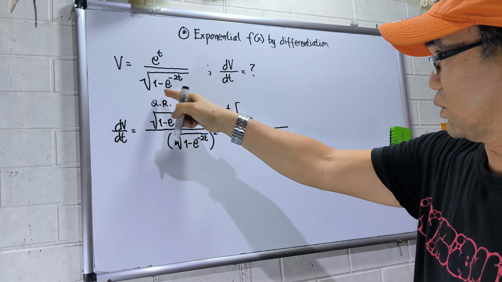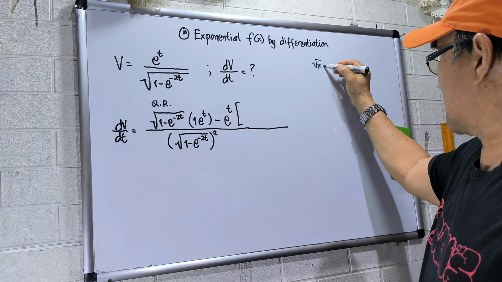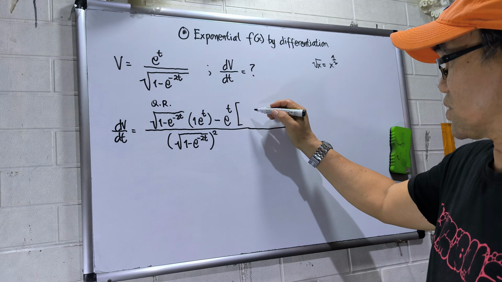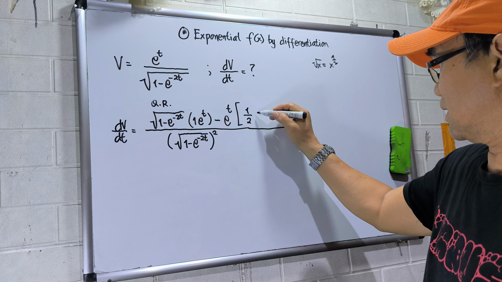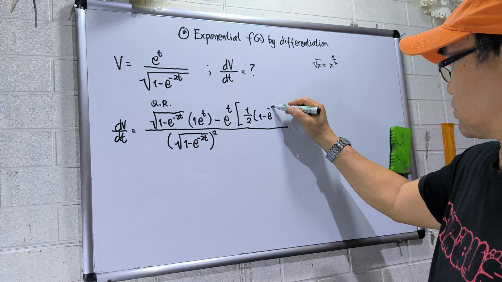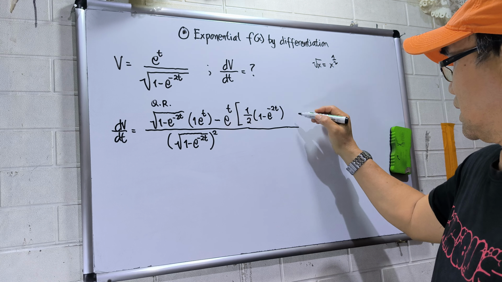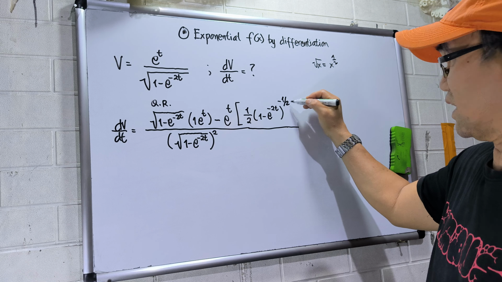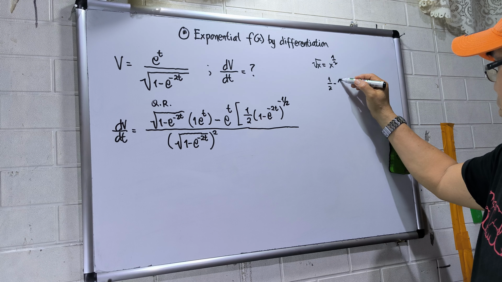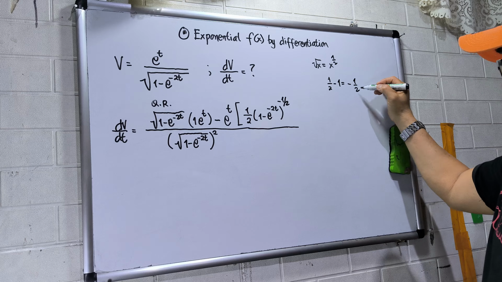copy the numerator, e to the t, then differentiate the denominator. So this will be, take note, square root of x, that will be equivalent to x to the 1/2. So this will be 1/2, circle brackets 1 minus e raised to the negative 2t, then this will be negative 1/2, because 1/2 minus 1 is equal to negative 1/2.